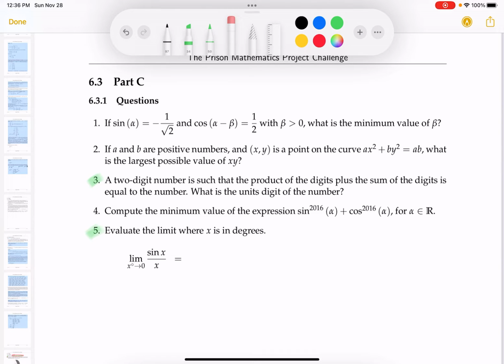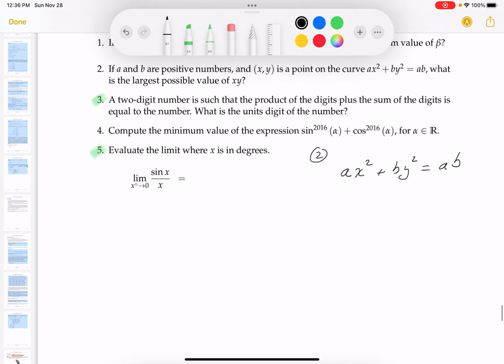And the first thing about number 2, it's a conic section, but I'm not sure what conic section it is. It's either going to be a circle or an ellipse. But they do say a and b are positive numbers. So I want to write in that form that I like to write it in, which I'll write this down for ax squared. Again, we're doing number 2 now. Plus by squared is equal to ab.